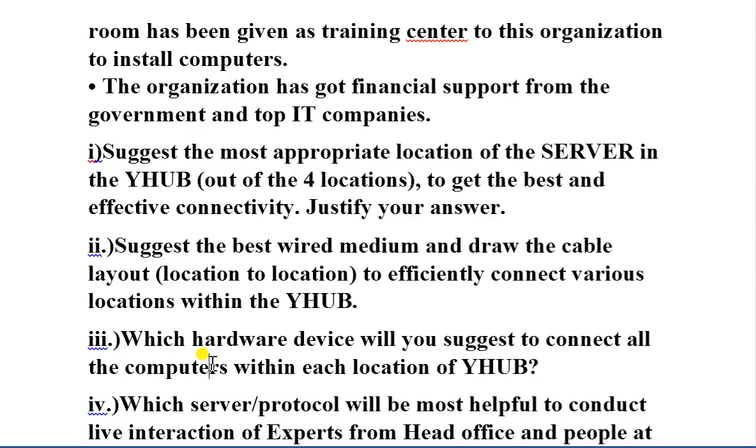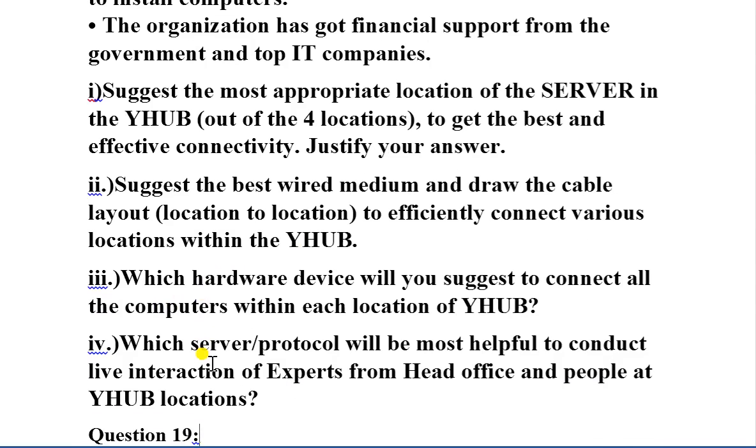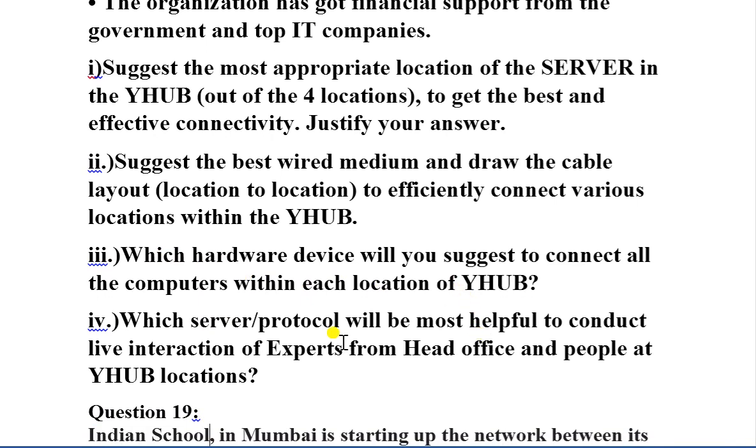Question number third, which hardware device will you suggest to connect all the computers within each location of Y hub? Fourth question, which server or protocol will be most helpful to conduct live interaction of experts from head office and people at Y hub locations? Okay. So just read this question carefully and then give your answer.